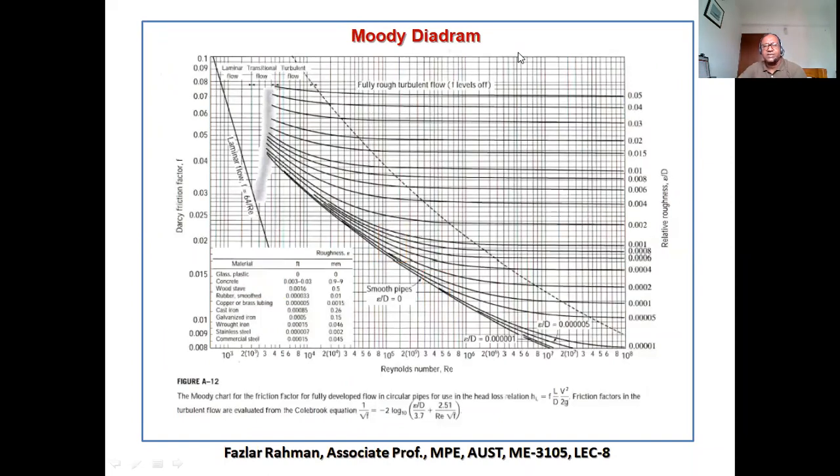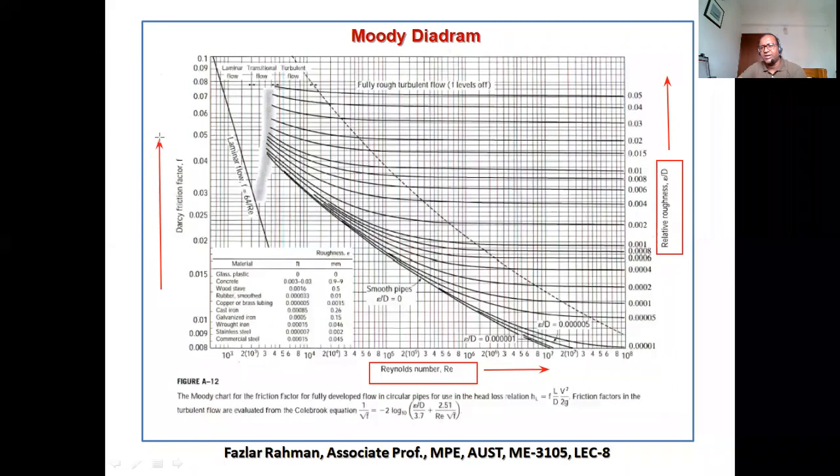Along the vertical axis, on the right side, we have relative roughness, that means epsilon by D ratio. Along the horizontal axis, Reynolds number, increasing toward the right side, and surface roughness increasing along this direction, and your friction factor on the left side along the vertical axis.